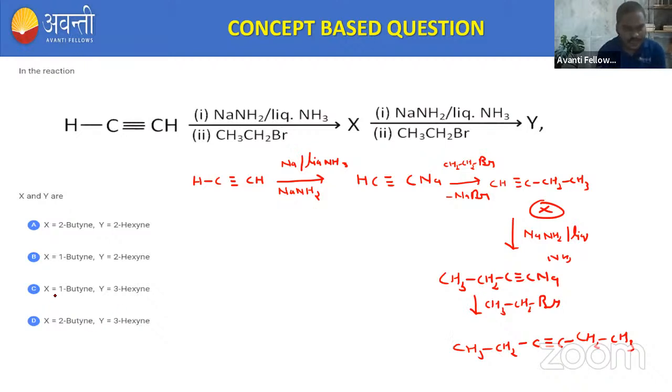So we get the products 1-butyne and 3-hexyne. So these are the products you get as X and Y, that is 1-butyne and 3-hexyne.